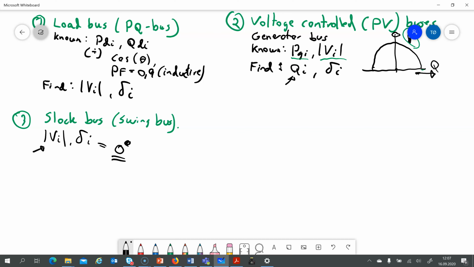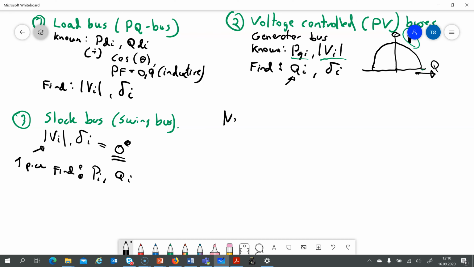And also very often we use this as 1 per unit as a reference value. Then everything will swing according to that bus, and you find how much active power and reactive power you need to draw or exchange to the other grid system.